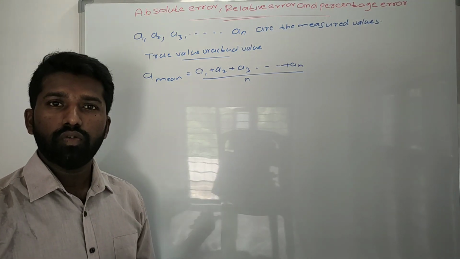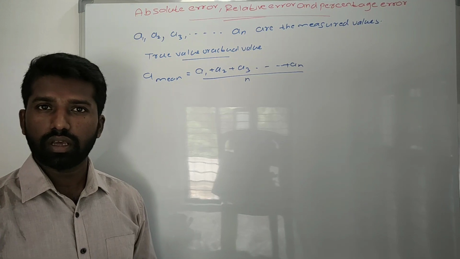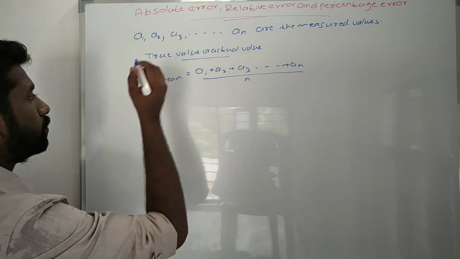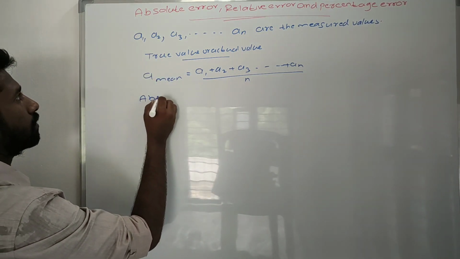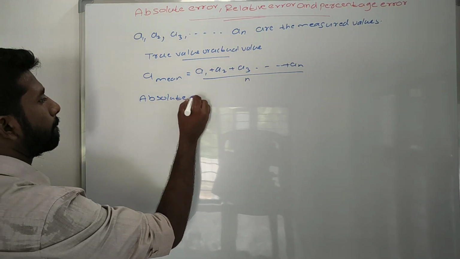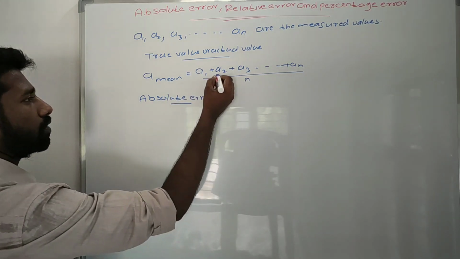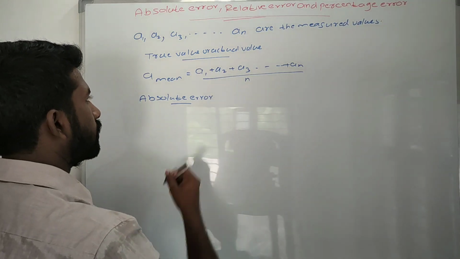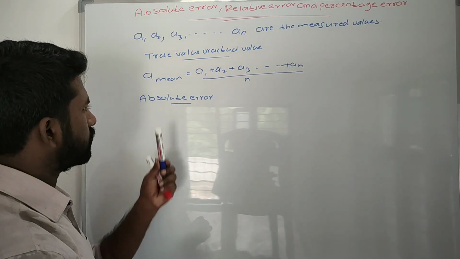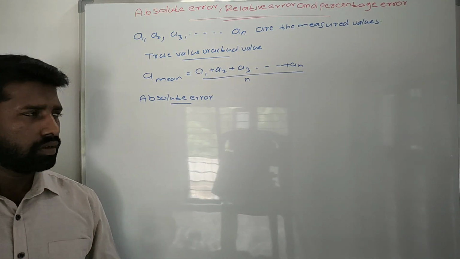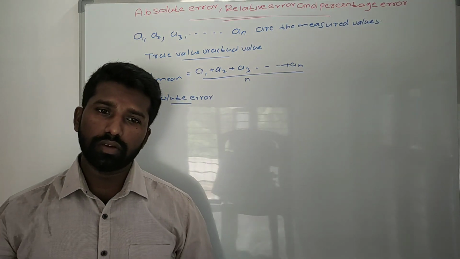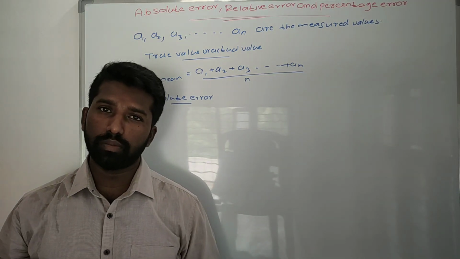Now we will find the error in it. First we will see the absolute error. We got the true value, and from that we can find the error. What is absolute error? We already saw that error is the difference between the true value and the measured value.